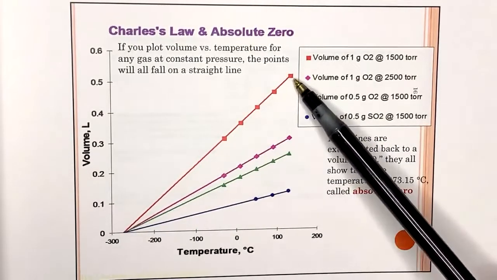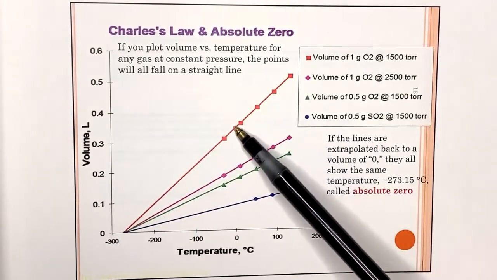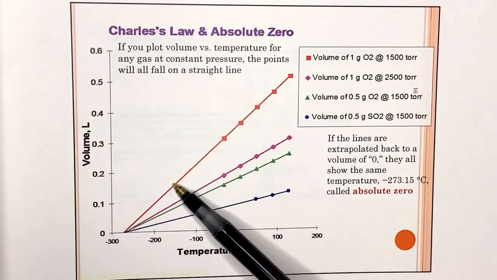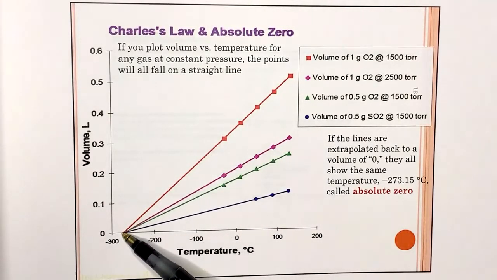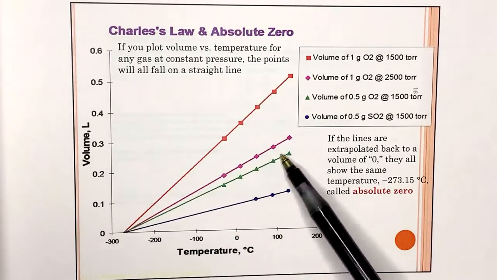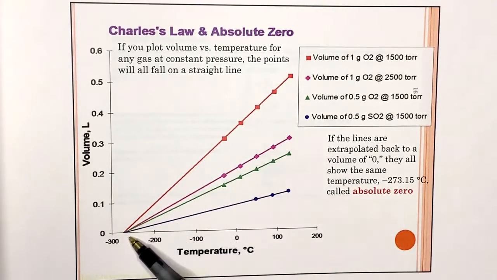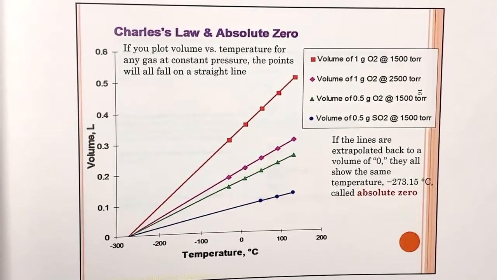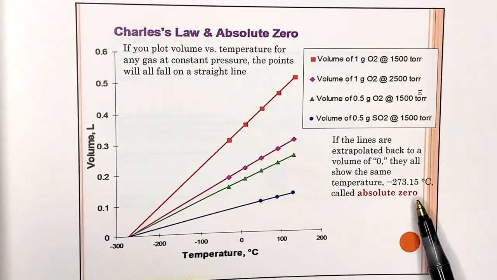But if you follow through with the same slope and extrapolate it all the way back, when the volume hits 0, they all end up at the same temperature. And that temperature is absolute 0, which is 0 Kelvin. Over here, this is negative 273.15 Celsius.